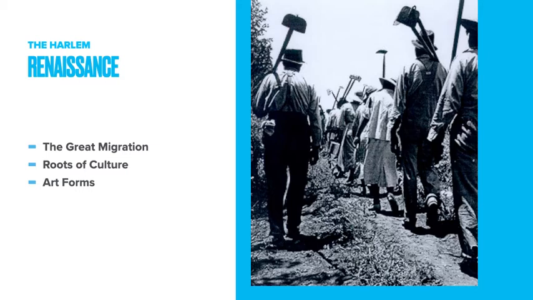It was safer that way. You had more in common that way. And so we start to see neighborhoods pop up in these cities that are predominantly black, like we said with Harlem in New York.